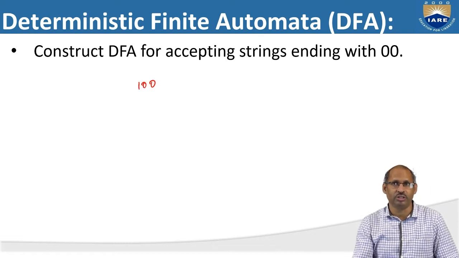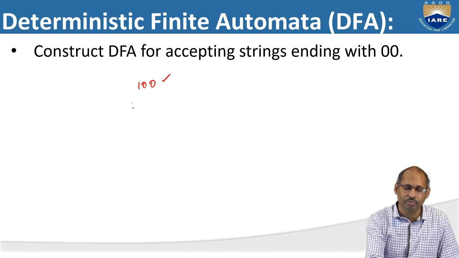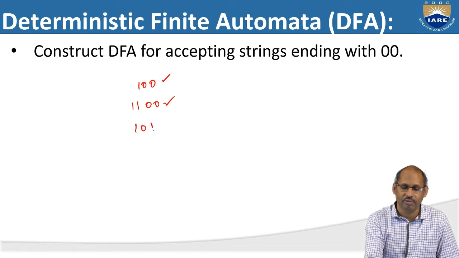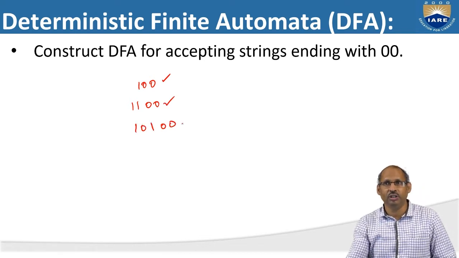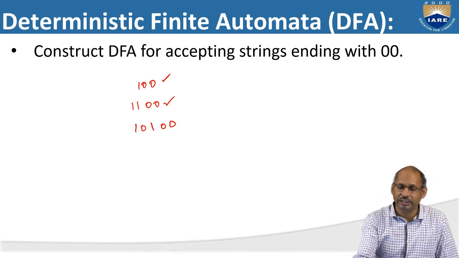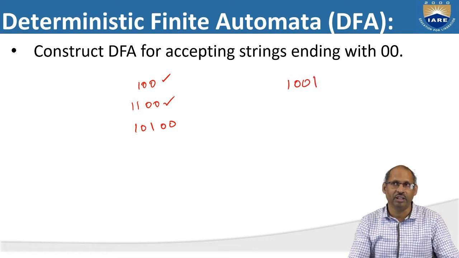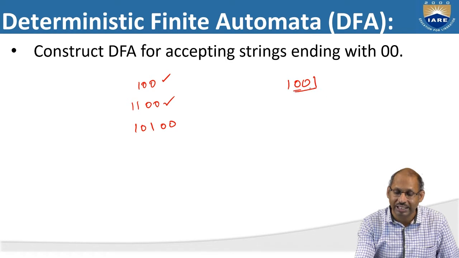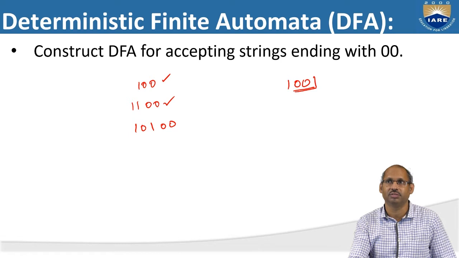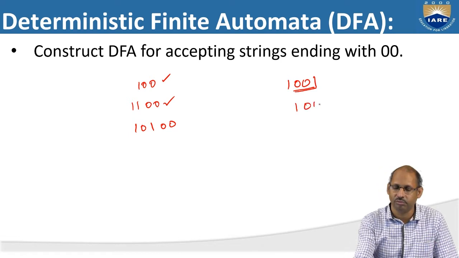The string 100 has two zeros at the end, so it is acceptable. 1100, two zeros, acceptable. 10100, two zeros, it's acceptable. Then if we consider 1001, there are two zeros in the middle, so it contains two zeros but does not end with them.